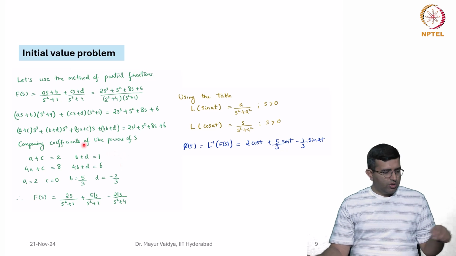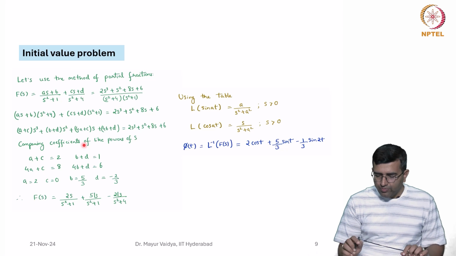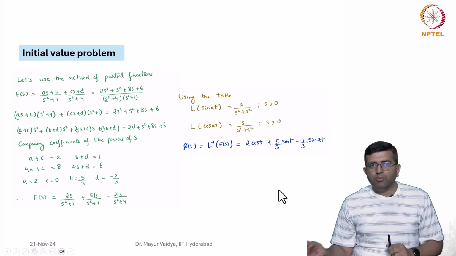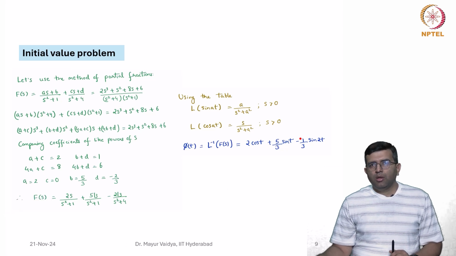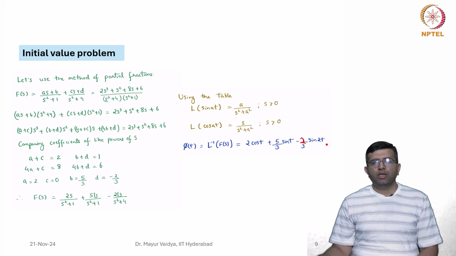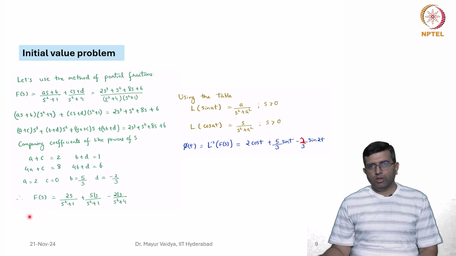There is a small mistake here; it should be minus 2 by 3 sine 2t, because the value of d is minus 2 by 3. So this is the solution to the differential equation that we started with.